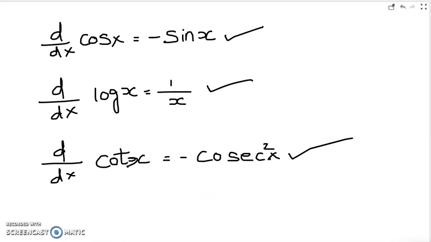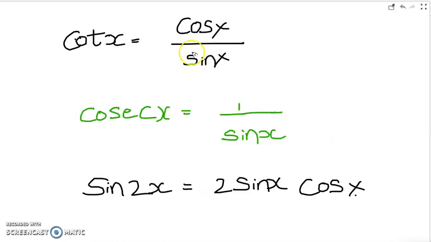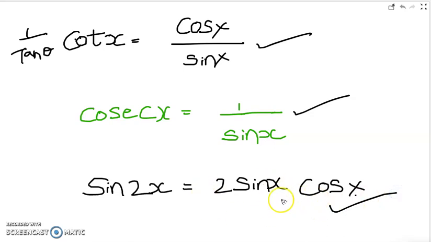In the same way, cot x is 1 by tan x, and tan x is sin x by cos x, so cot x is cos x by sin x. Cosec x is 1 by sin x, and sin 2x is 2 sin x cos x. This formula you will get in trigonometry. Just keep it in mind.